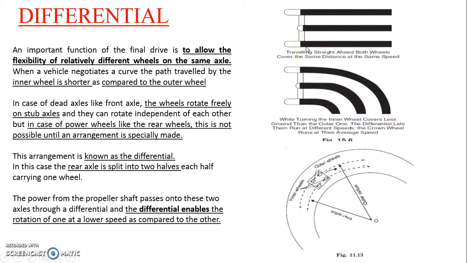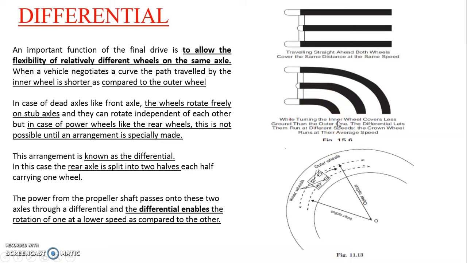But when the vehicle is turning, what happens? The inner wheel has to travel less distance as compared to the outer wheel, or we can say that the outer wheel has to travel more distance as compared to the inner wheel.